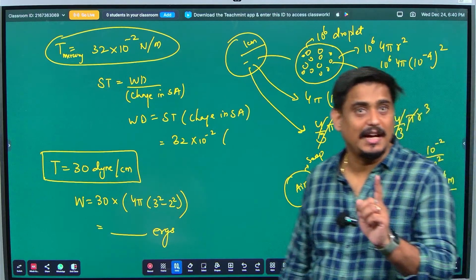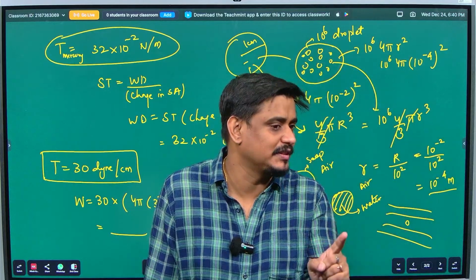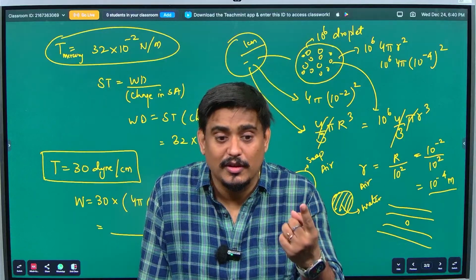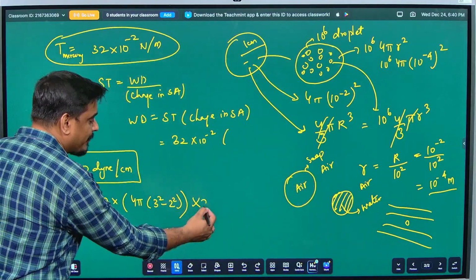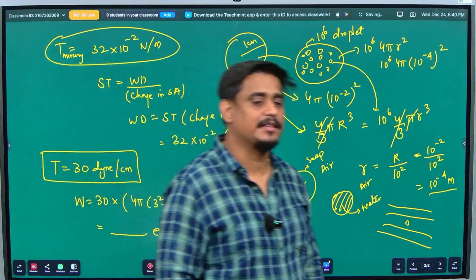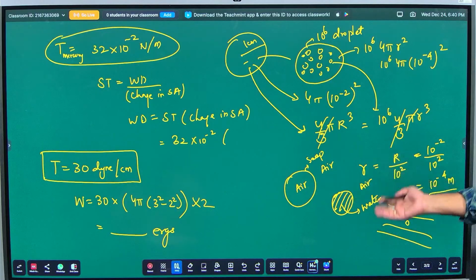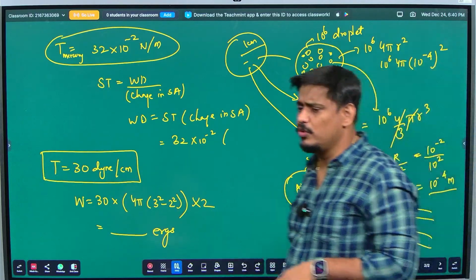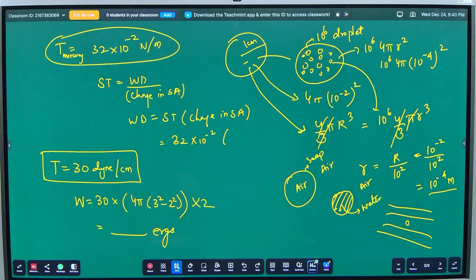So remember that drops and air bubbles will have one surface, while soap bubbles will have two surfaces. So whatever answer you are getting should be multiplied by 2. Then only the answer will be correct. Got it? Simple question, multiply and get the answer, and multiply by 2 to get the correct value. Anybody has doubt in this? I hope it is simple and clear.